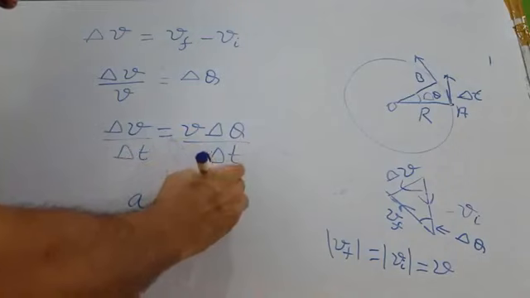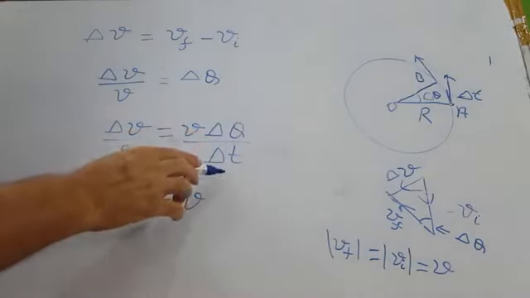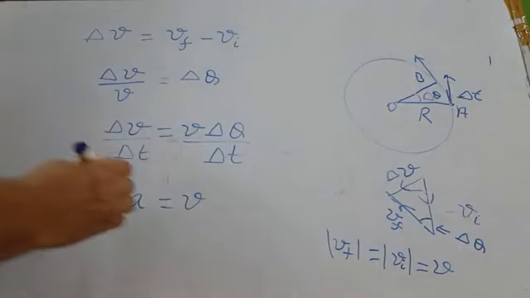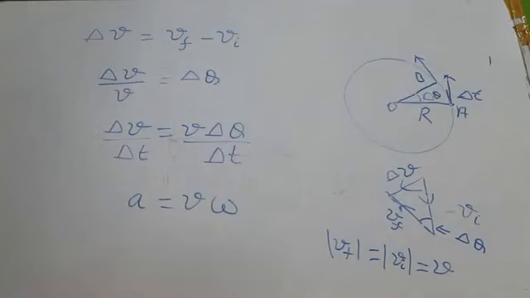V times change in angle upon change in time. Change in angle upon change in time is angular velocity. So a is equal to V omega. So acceleration will be equal to velocity into angular velocity. Now we can substitute the value of v.